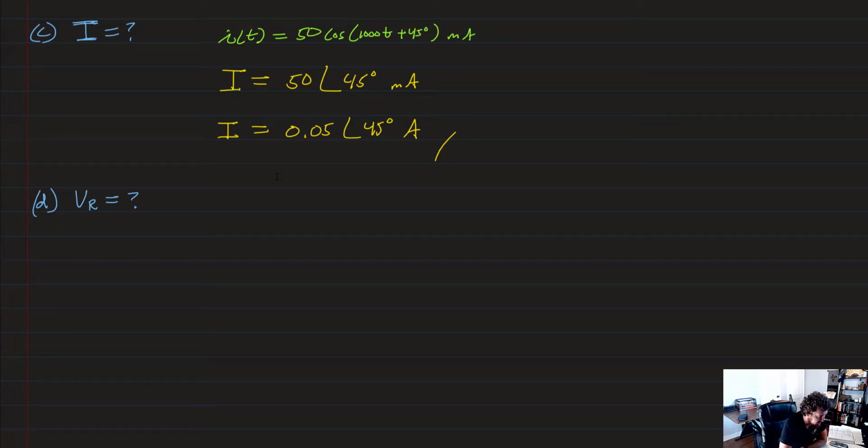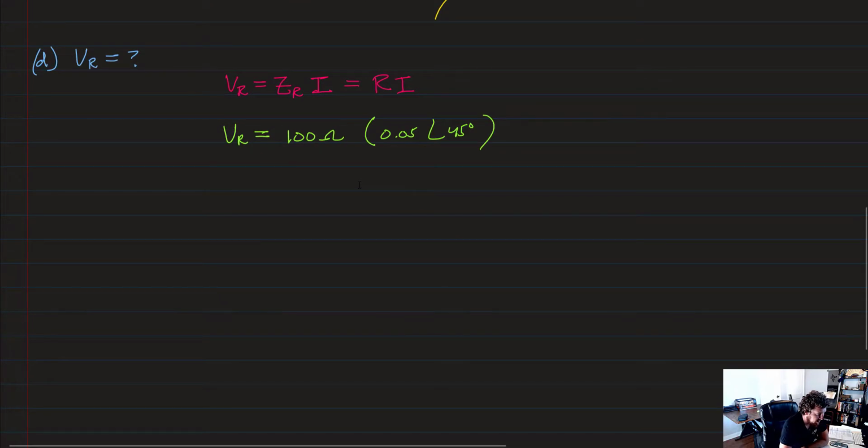And we remember from our previous lecture, the video we just watched, V R is just equal to the impedance of R times I, which is equal to just R times I. So what we're going to have is this, that V sub R is equal to 100 ohms times R I, 0.05 at an angle of 45 degrees.